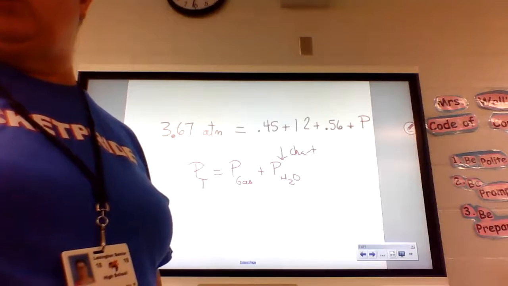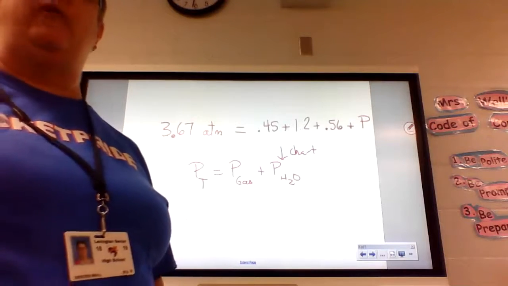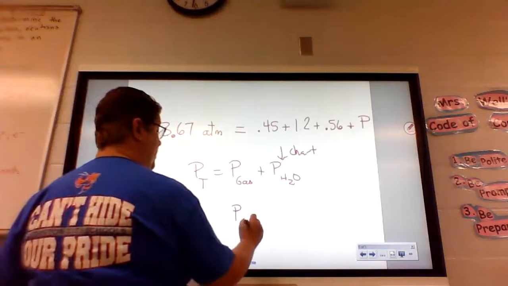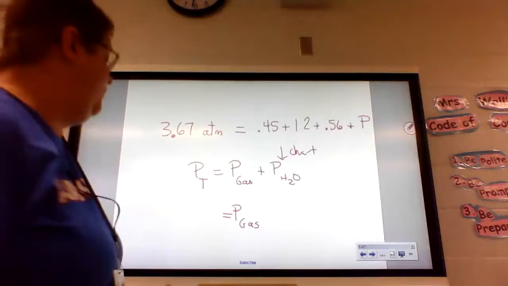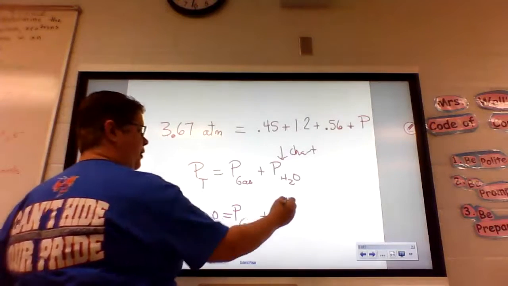So since the question says what is the partial pressure, which one are we finding? P total or P gas? We're looking for P gas. So that means the number they gave us has to be P total. The one they gave us is 750, so that goes there. And this one we find on the chart.